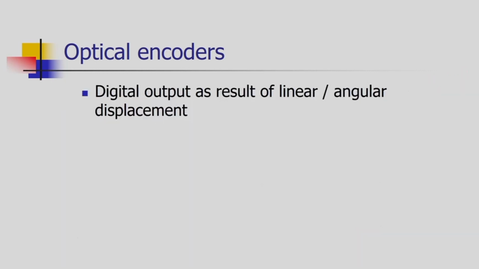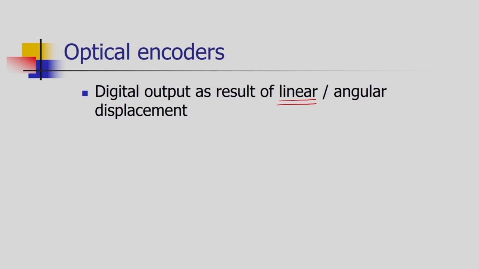In optical encoders, we are getting digital output as a result of linear or angular displacement. So, here linear means the same methodology can be used instead of rotating signal, we can have a translatory disc. It is a perforated disc with holes on the disc or a strip we can say.